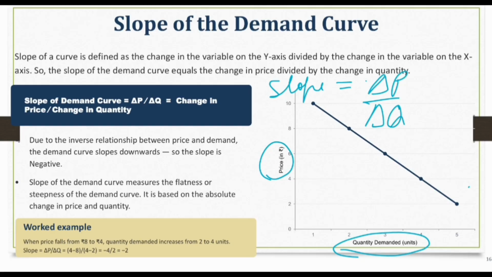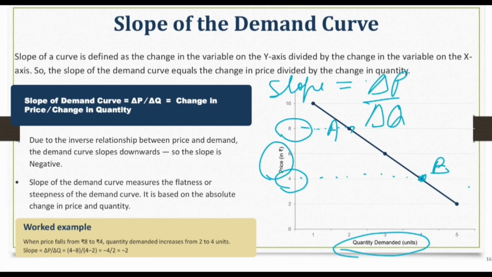Here, how do we see what is the change that is occurring? So let us take a point right here. Let us take this point to be A and this point to be B. Now we have to calculate the slope of the demand curve. So let us see how the prices have changed. Here, as you can see, the price at point A is rupees 8, and the price at point B is rupees 4.